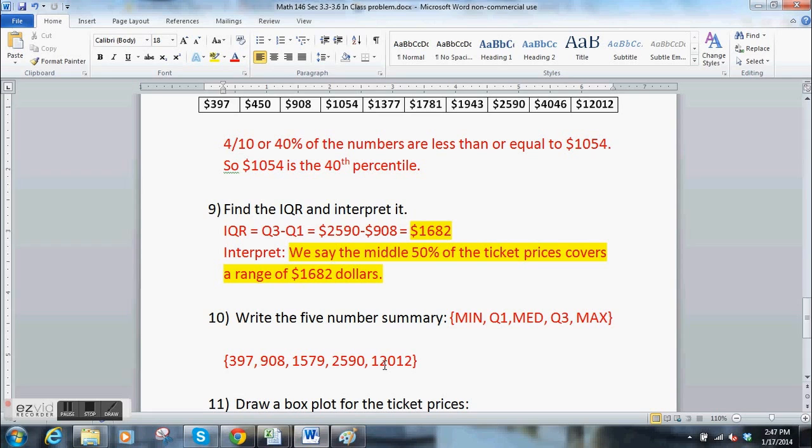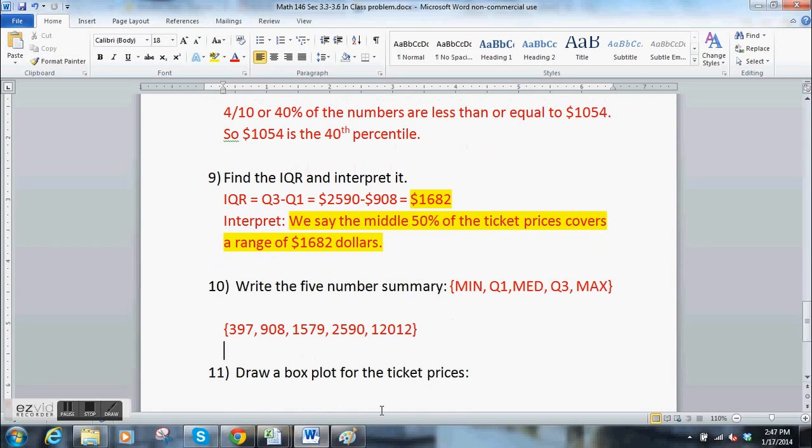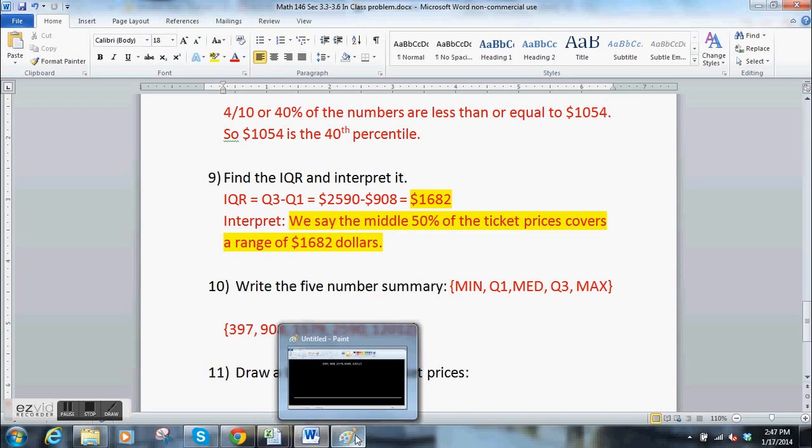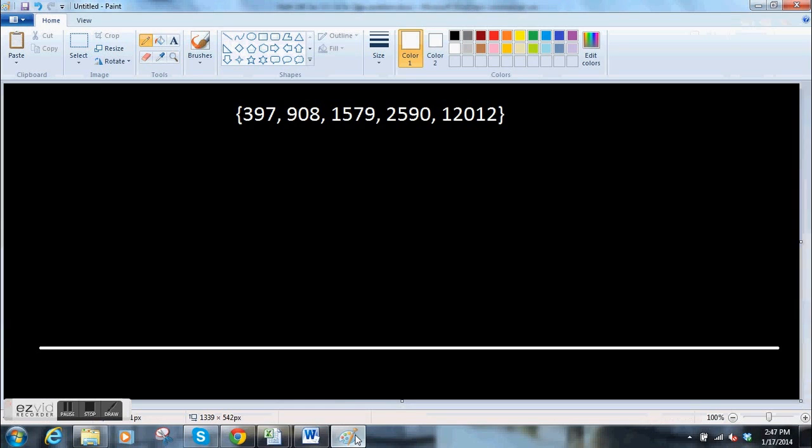Draw a box plot. Okay, this is when it gets fancy and lovely. So here is the 5-number summary. If I'm going to draw a box plot, make sure my sizing is right. This doesn't have to be perfect, but I'm noticing the numbers go from 400 up to about 12,000. So I'll do the best I can.